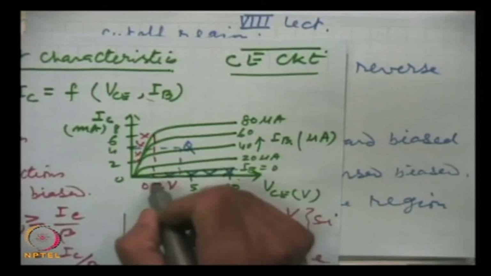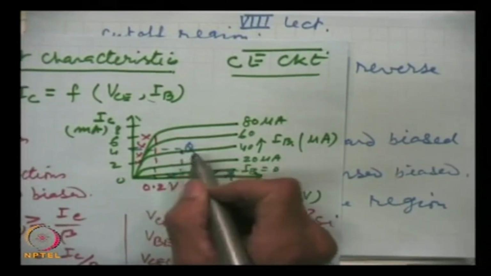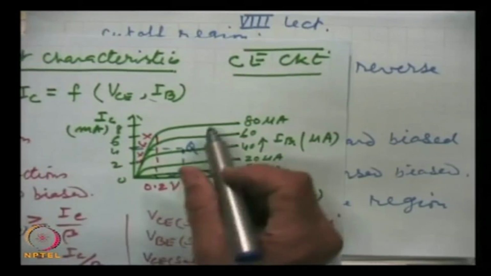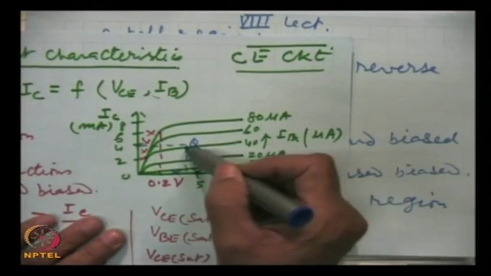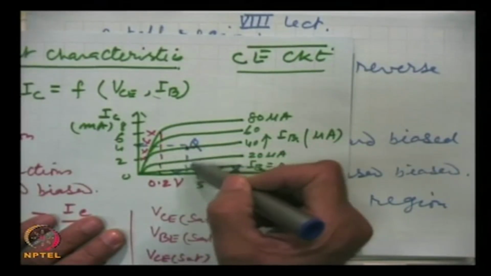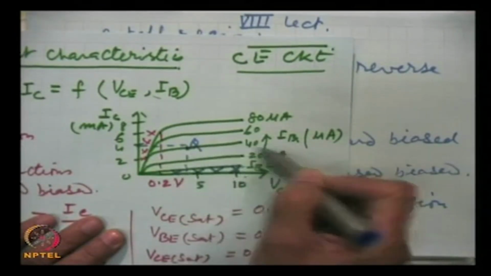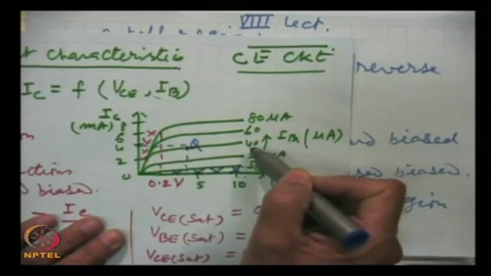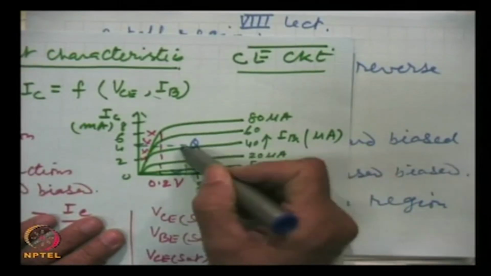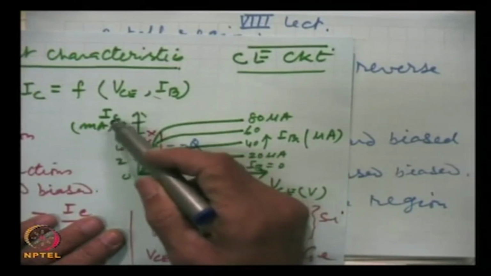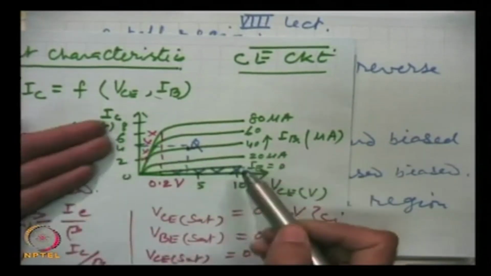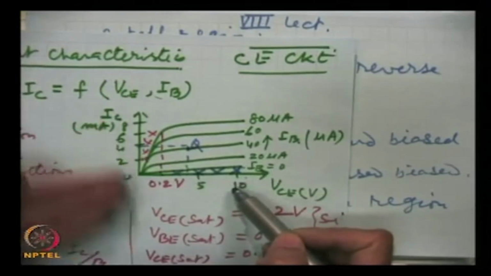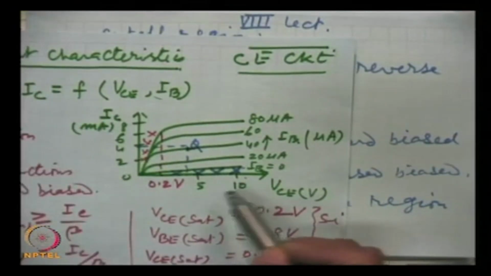We will talk in detail about choosing the operating point in the next section. When we have chosen the input current, for example 40 microampere, the corresponding output current will be roughly 4 milliampere for this particular transistor.